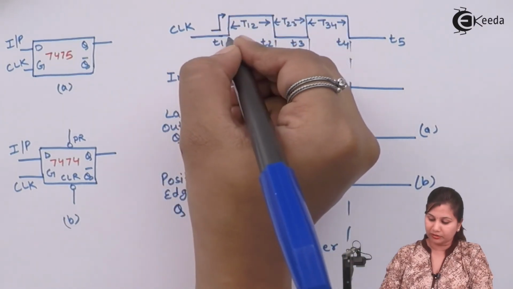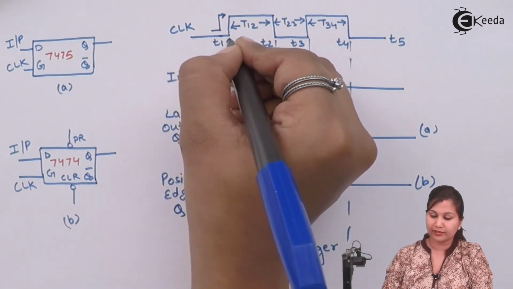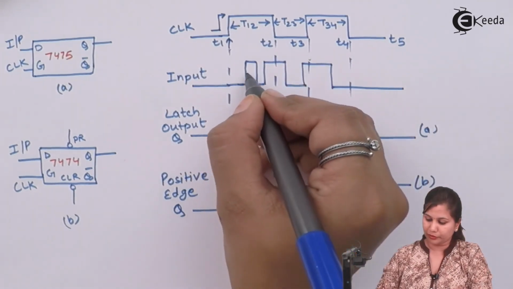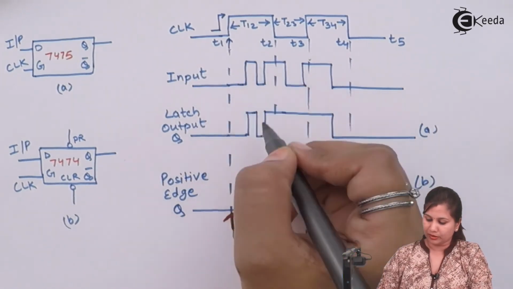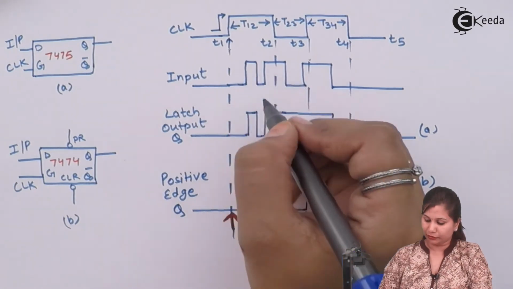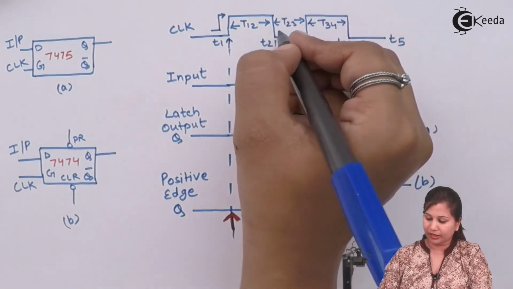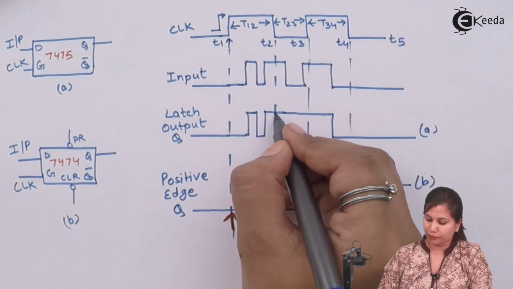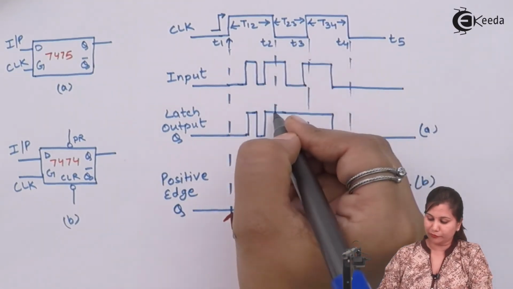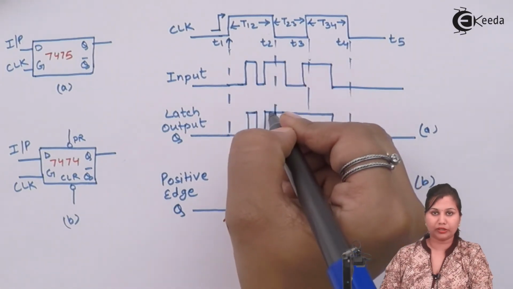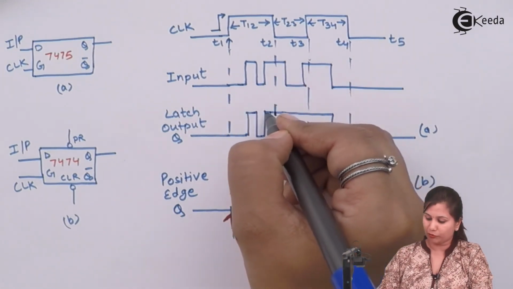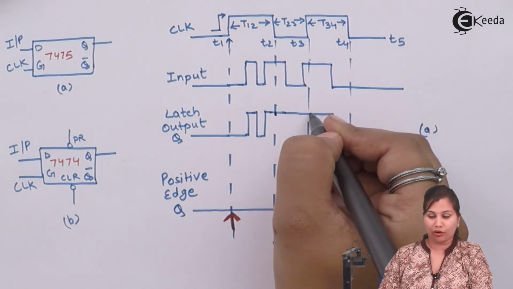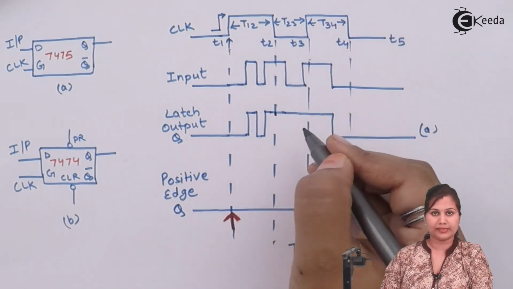Here the level is changing at T1, so the output is the same as the input, and when this clock cycle is low, then the output just before this was high, so this high output will be carried on till the next clock pulse is given.